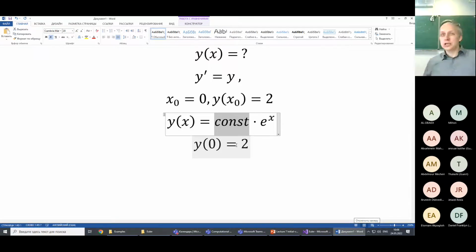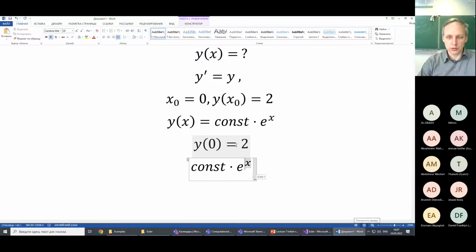Substitute x in this equation and find the constant, please. The value of the constant is 2. You can substitute it: constant times e power 0 equals 2. E power 0 equals 1. That's why the constant equals 2.